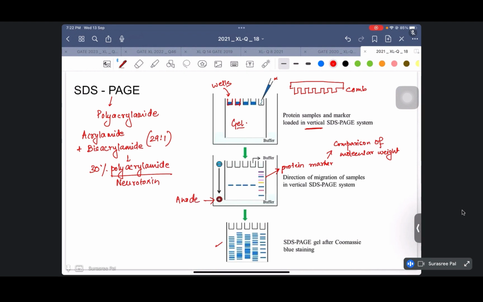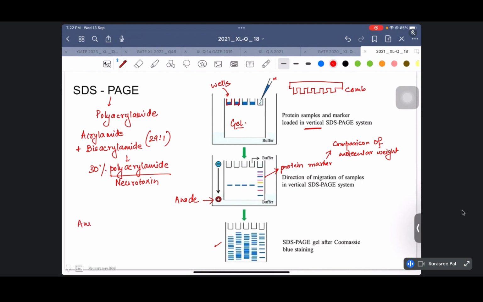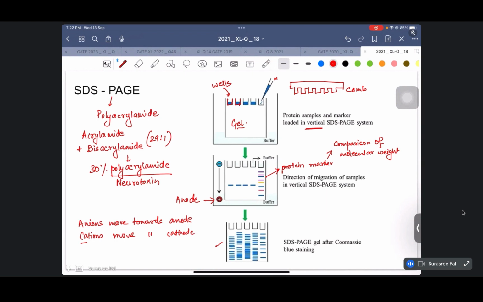How do we remember that anode is positive and cathode is negative? I usually use this method: anions move towards the anode and cations move towards the cathode. Since cations move towards the cathode, the cathode should be negative, and anions move towards the anode, so obviously the anode should be positive.